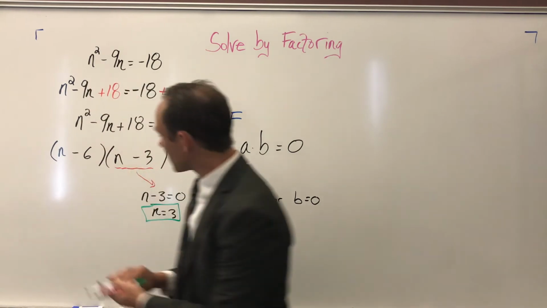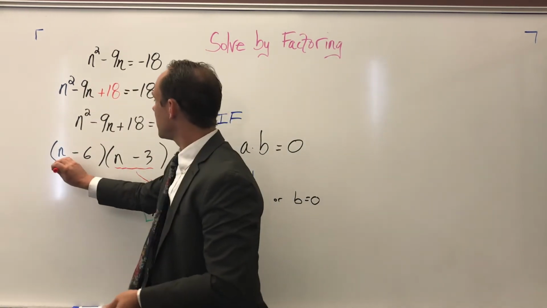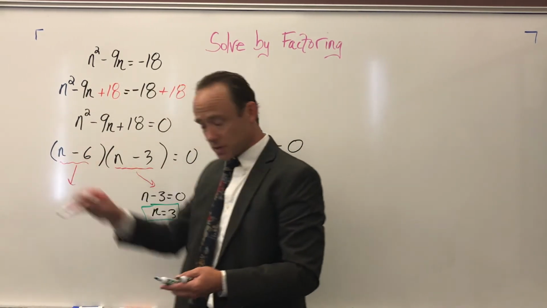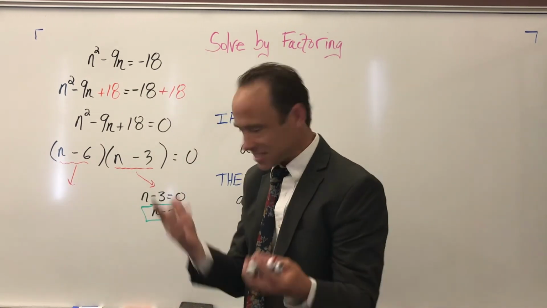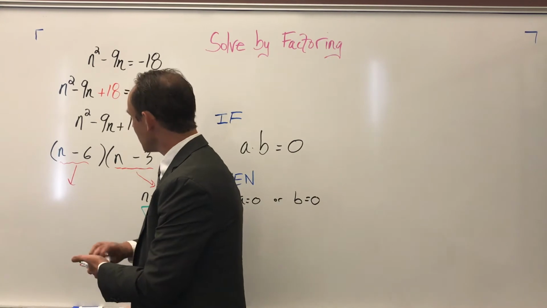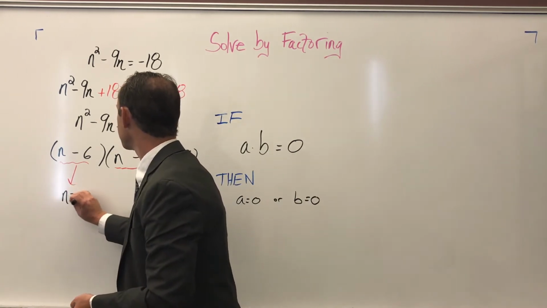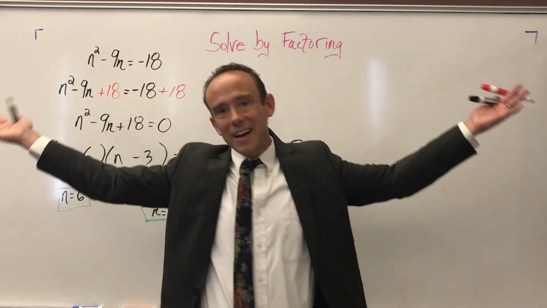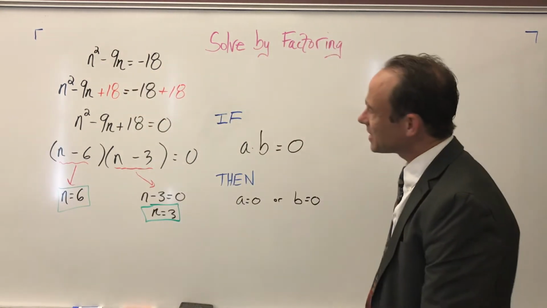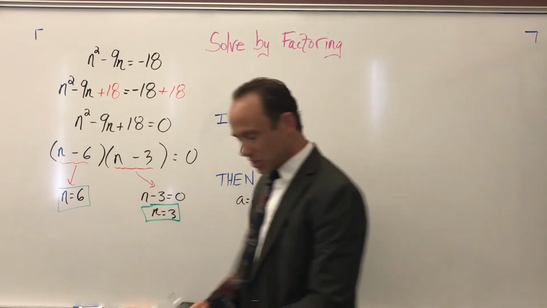And over here you can think, what value of n makes this one equal to 0? Well, it's going to be 6, because 6 minus 6 is 0. And so we say, also n is equal to 6. And voila! Those are our two answers. We've got 6 and 3.